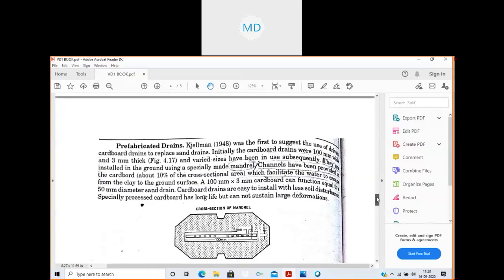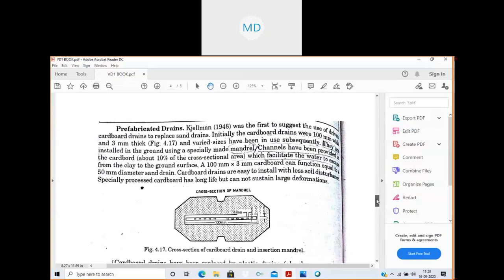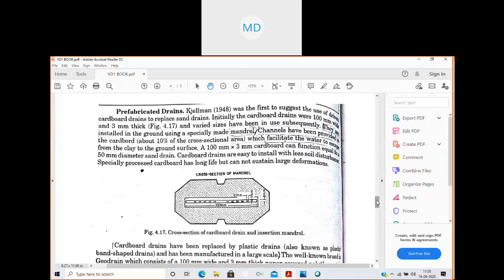Next, we move to prefabricated drains. Prefabricated drains were first suggested by Kjellman. He was the first to propose them, and the first one he used was a drain made of cardboard.